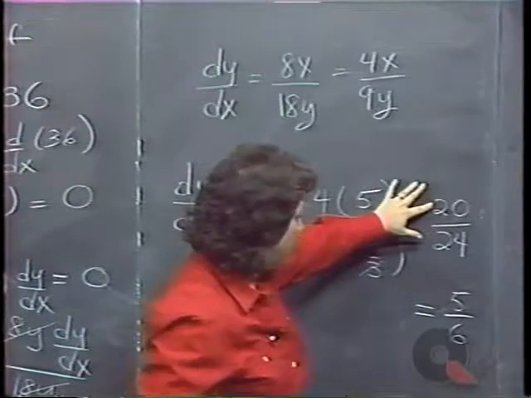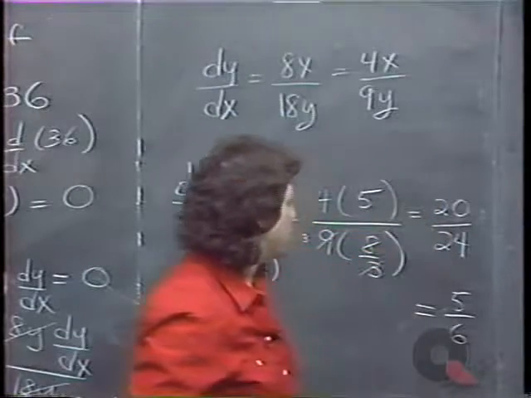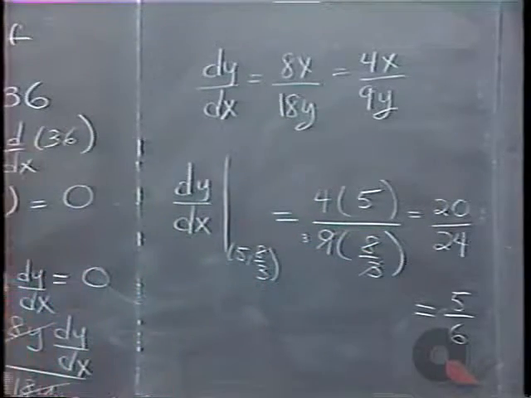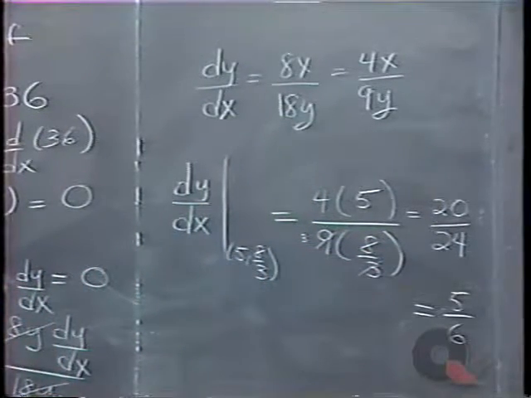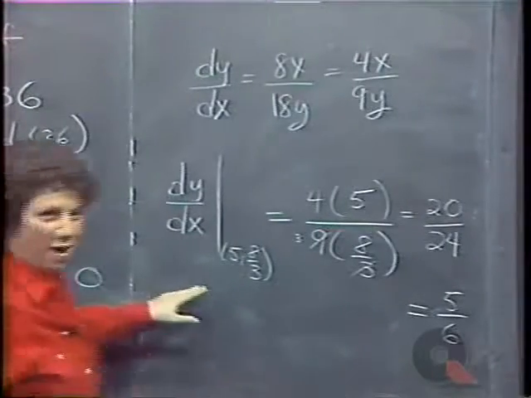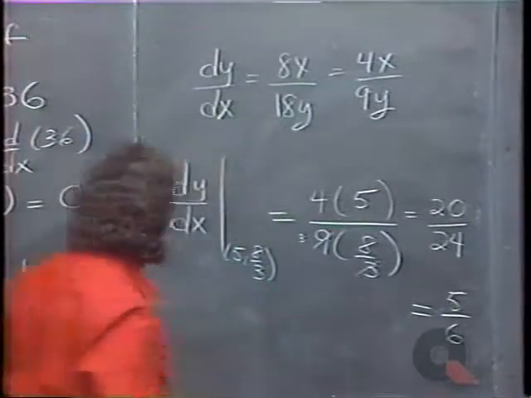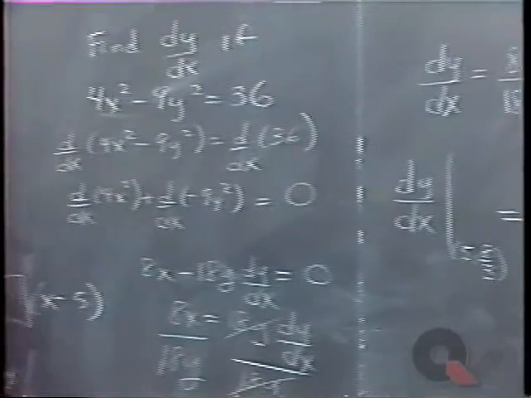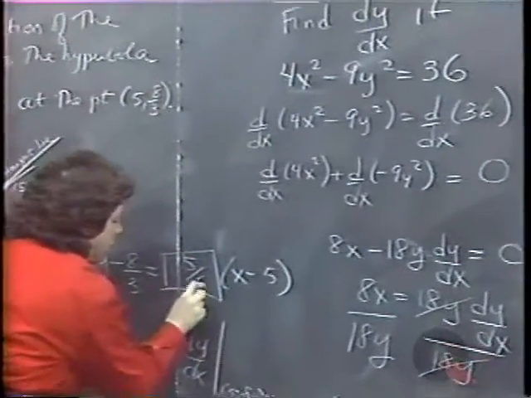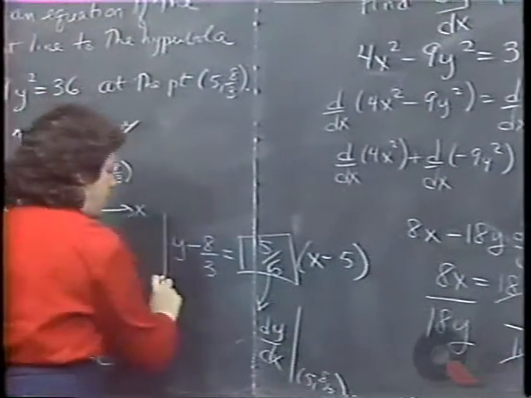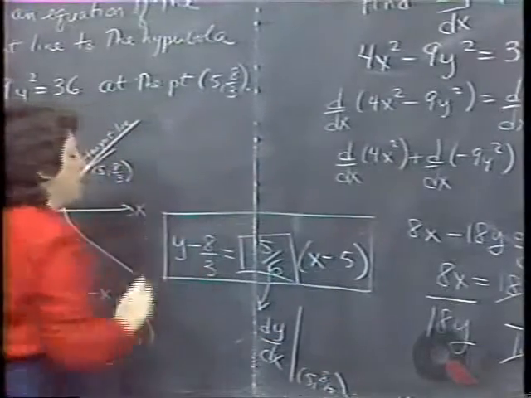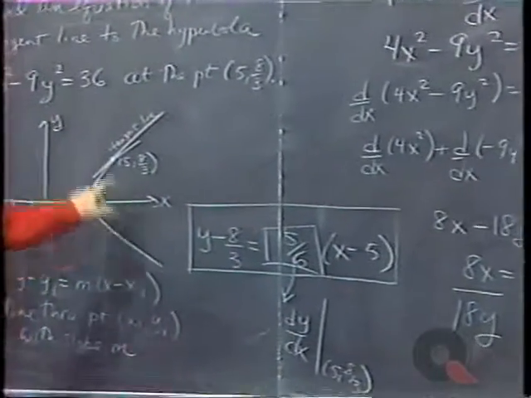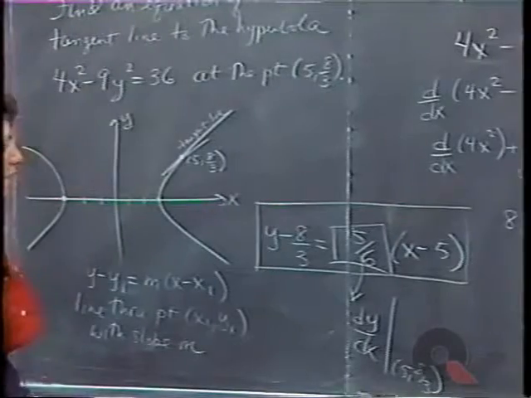So now that we have dy/dx at the point (5, 8/3) to be 5/6, we substitute that in over here, and we have an equation of the tangent line that I've drawn over there.